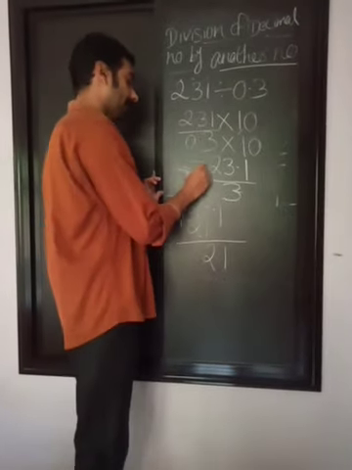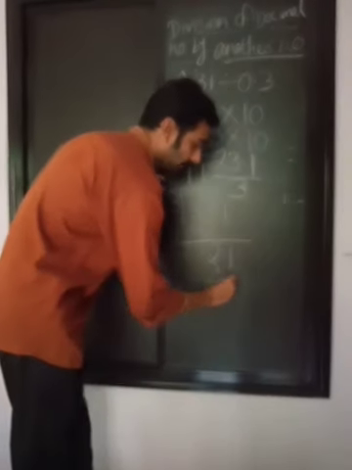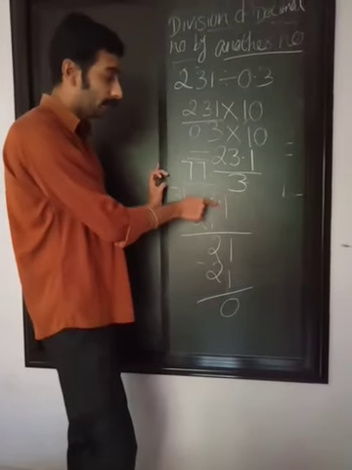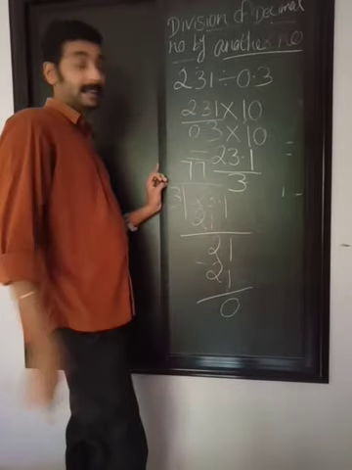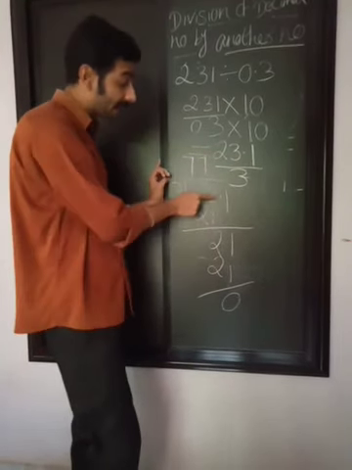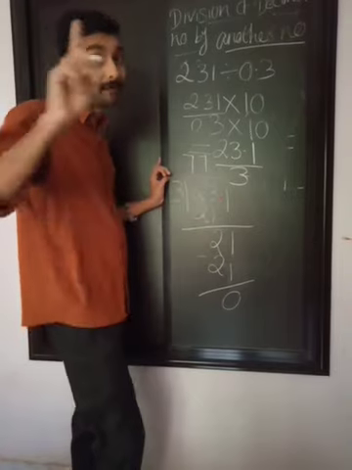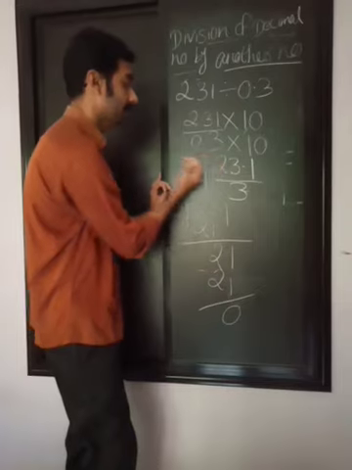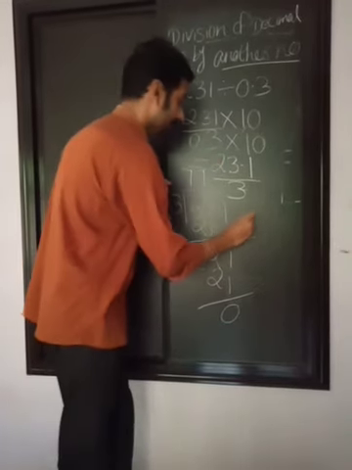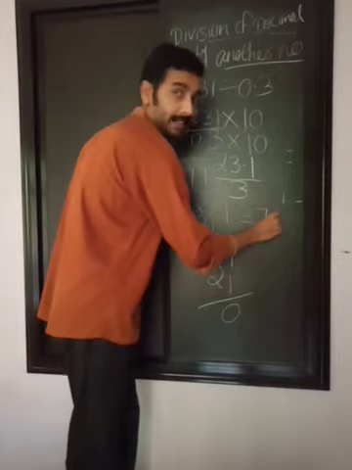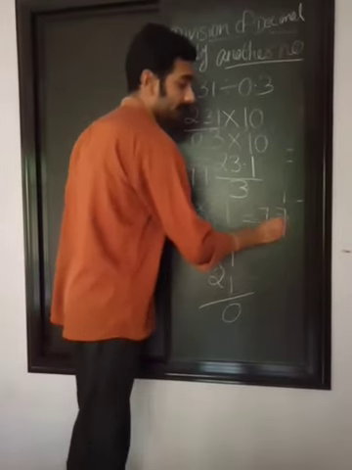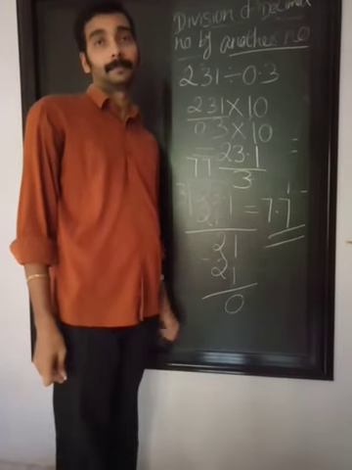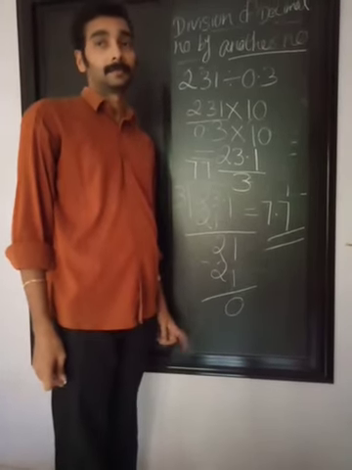That is 7 into 3 is 21. Result is 0. But in this case of only one place of decimal, answer is 77. But in the case of decimal, there is only one place. We move to the left side. That means answer is 7.7. Clear?